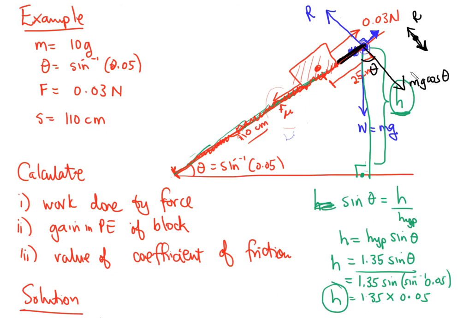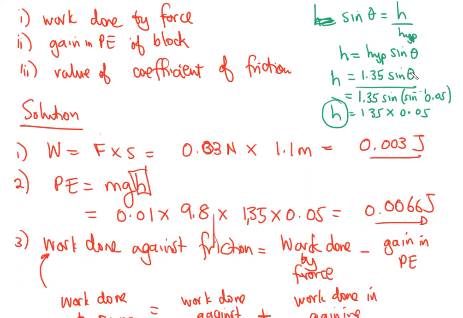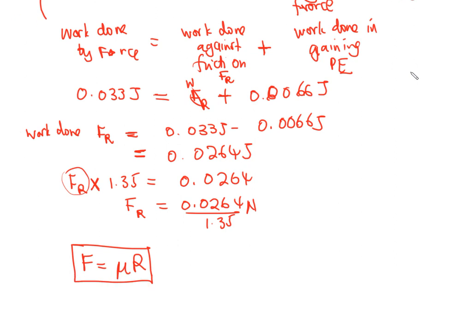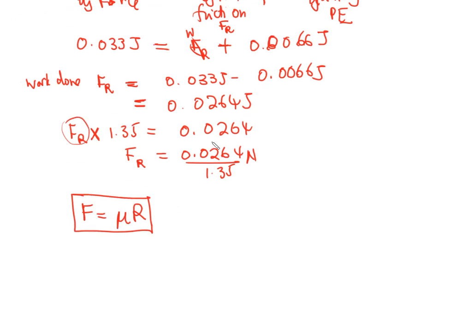For it not to fly off, our reaction needs to be equal to mg cos theta. So our friction is going to be mu mg cos theta, right?